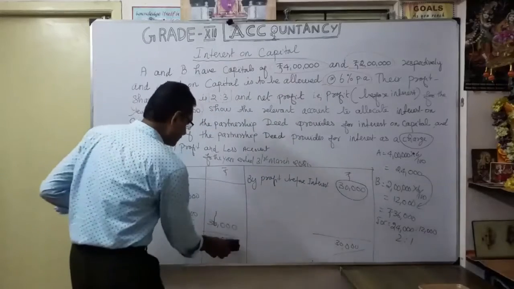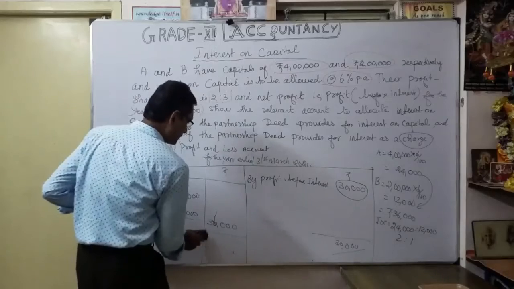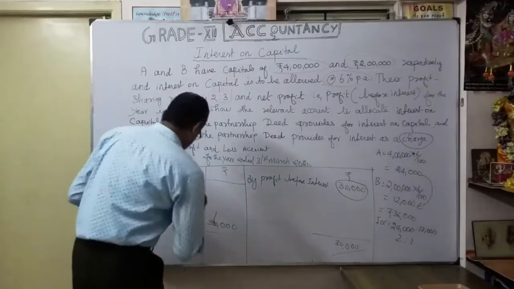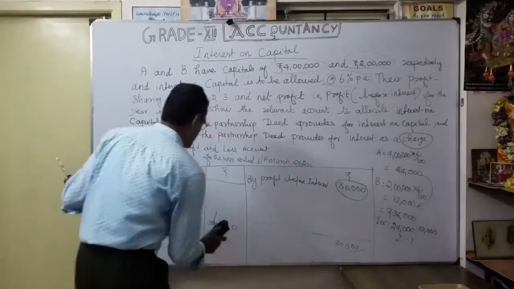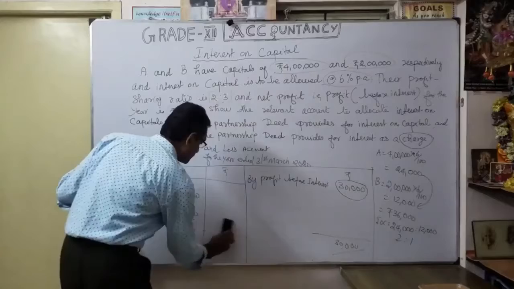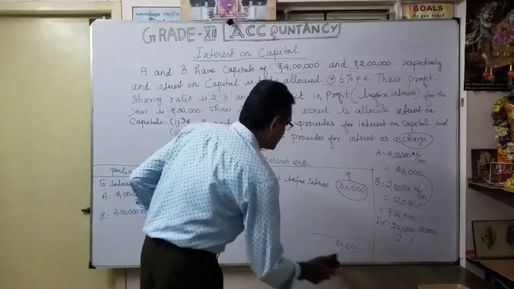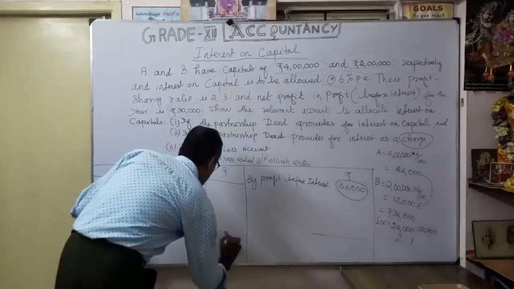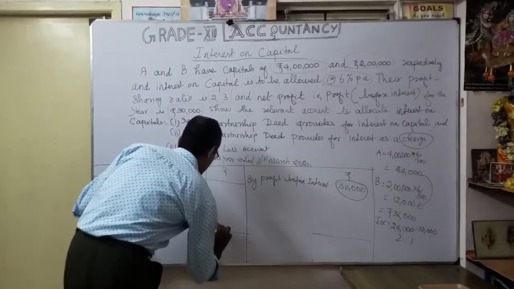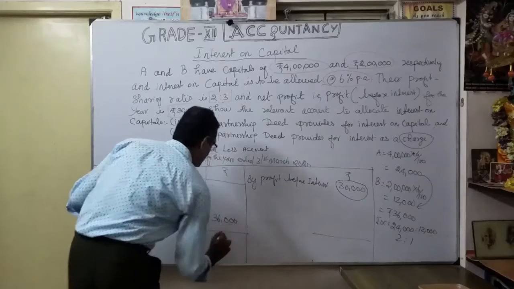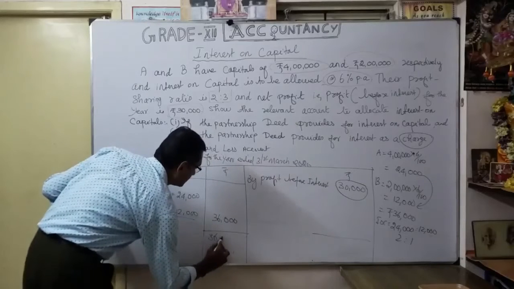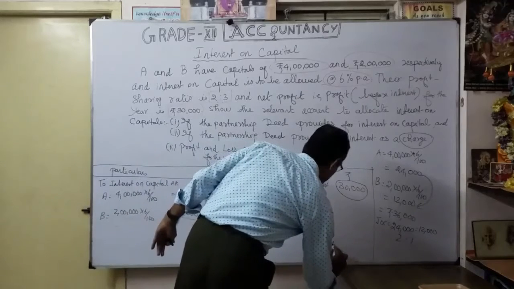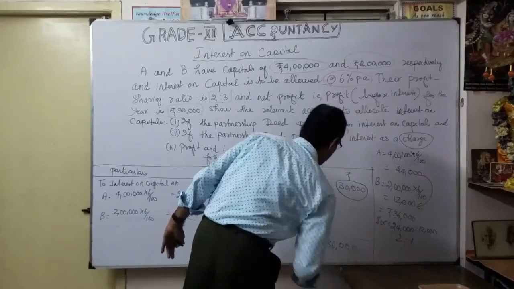So naturally what will you get, profit or loss? You will get a loss. That is why the 36,000 you show on the debit side. So 36,000 here, and total also 36,000. So how much is the loss?